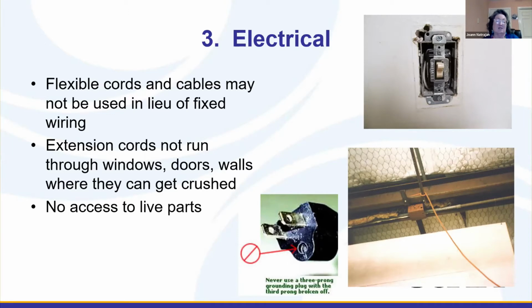Are they still good? After we ran the forklift over it, are the wires in that cord still good? Don't know. You should test it if you have that scenario and see if they're still good. But that's why there are restrictions on how extension cords are used.